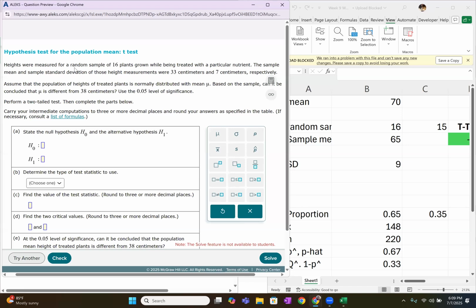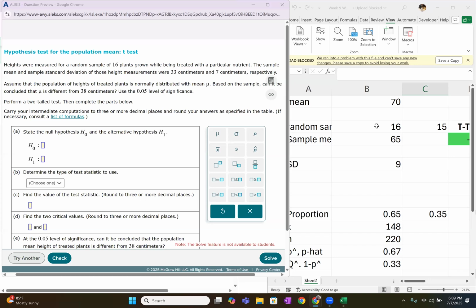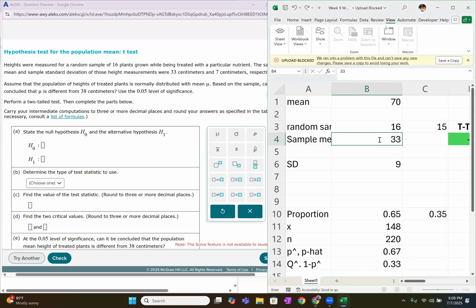They're already telling you that is going to be 33 and 7 meters. So right here, they're giving you the random sample and the sample mean. They said 16, so 16 in total. The sample mean was 33, so we're going to put 33 where the 65 is. And the sample standard deviation, instead of 9, we're going to put 7.